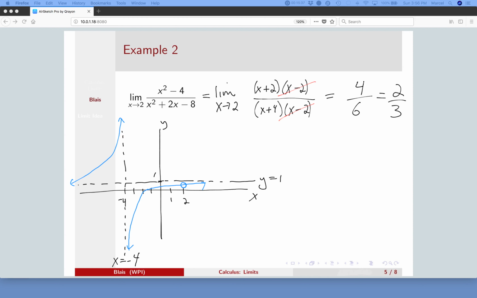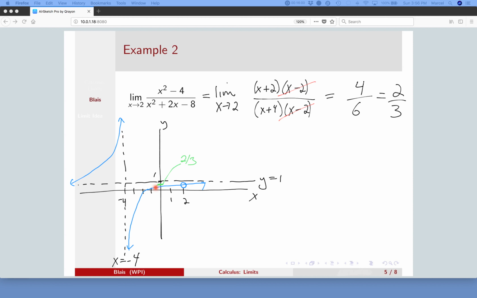So geometrically, this is what's happening. And again, written either in this simplified form or in this original form, the limit is the same. The limit here, we noted that value is 2/3. And so it didn't matter whether there was a hole there or not.